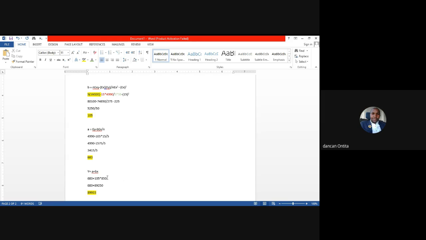A is 683, B is 105, and then X. So how did we apply 850 there? From the question: how many patients are we estimating the cost to treat? 850, and that's what we have done. Okay, thank you.